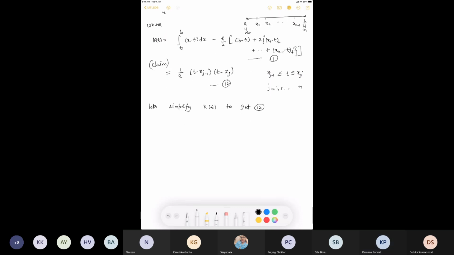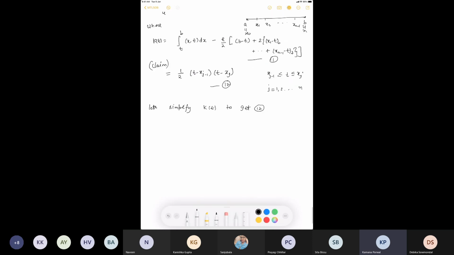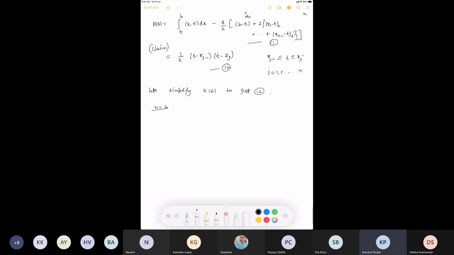Here we have a general n, so I'm just going to simplify it for n equal to 2, and then the same idea can be applied for any general n. So if we take n equal to 2, then what do we have for Kt?